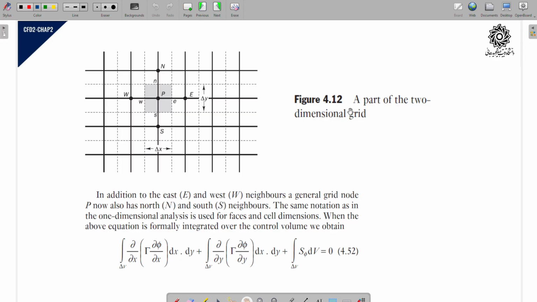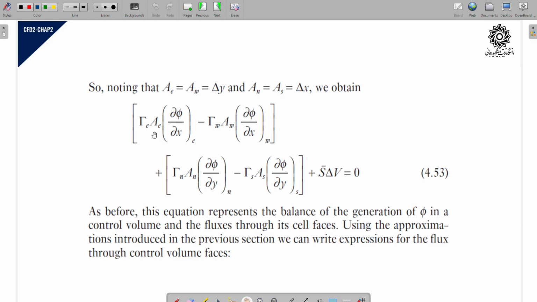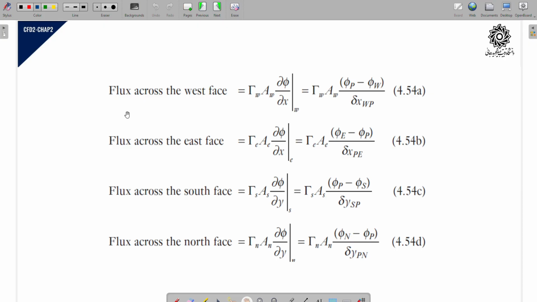What is the two-dimensional grid used? We integrate using the divergence theorem, and in this step we use the central approach to approximate this term: dphi/dx on e equals phi E minus phi P over delta x.